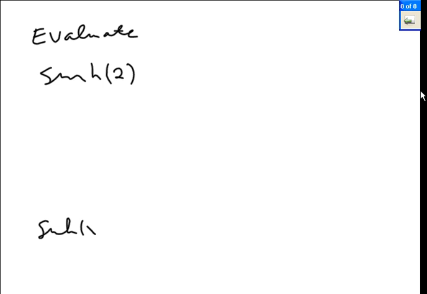Okay, so let's just evaluate some of these things. Evaluate. What is the sinh of 2? Well, you need to remember that the sinh of x is defined in terms of x. It was e to the x minus e to the minus x over 2.